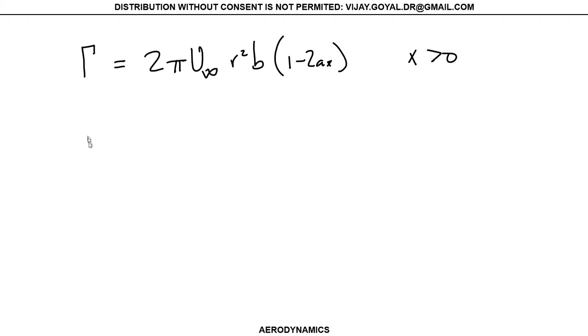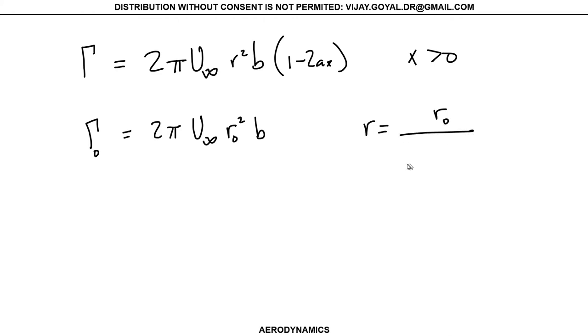When x is equal to 0, we call this gamma sub 0. It gives you 2 pi U infinite r sub 0 squared b. Remember that r was equal to r sub 0 times the square root of 1 minus 2ax as well.